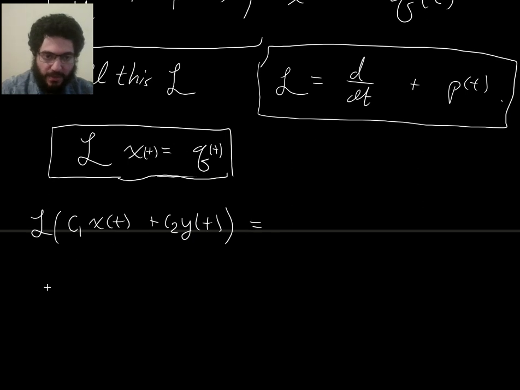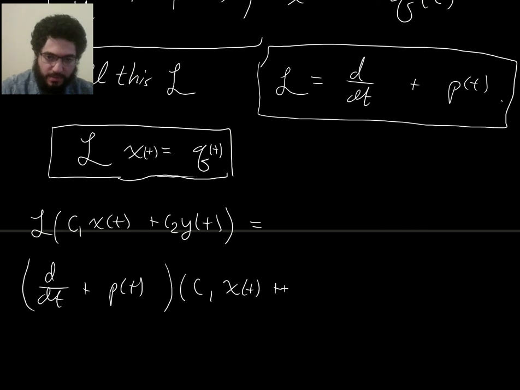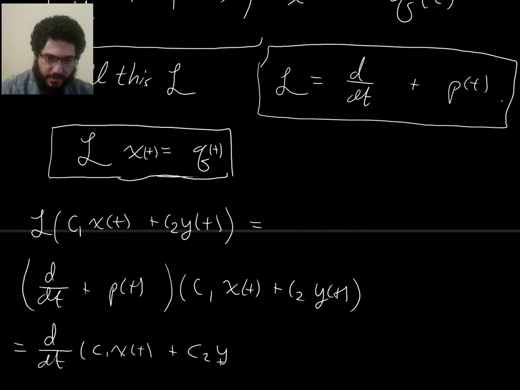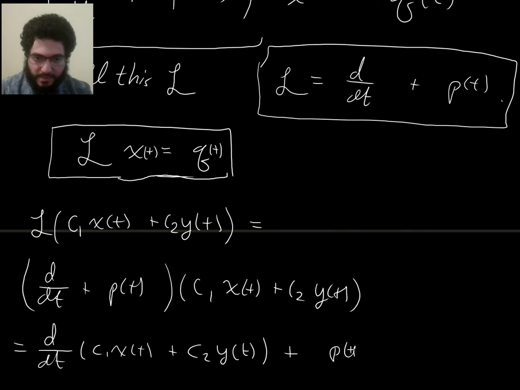So if I use the definition of L, then this would be d dt plus p of t applied to c1 x of t plus c2 y of t, which is d dt of c1 x of t plus c2 y of t plus p of t times c1 x of t plus c2 y of t.